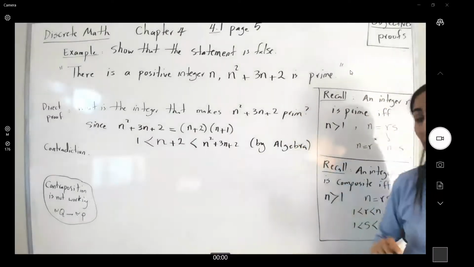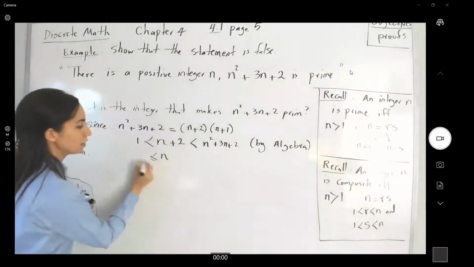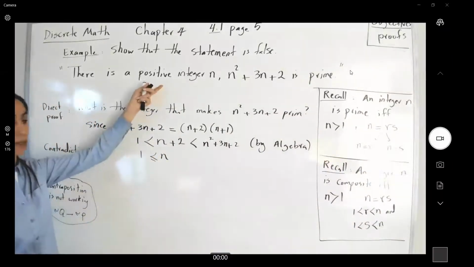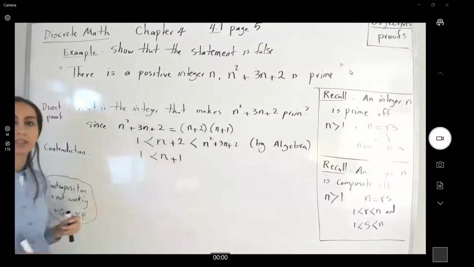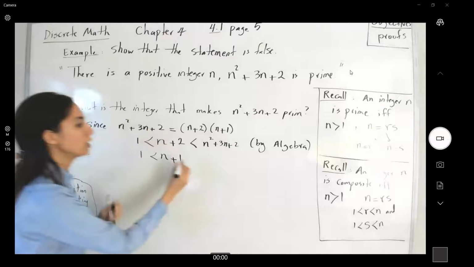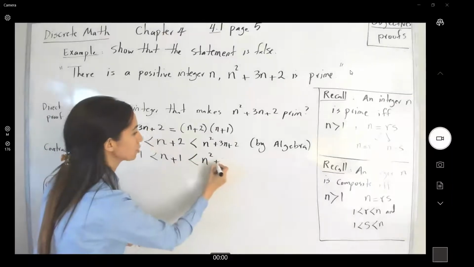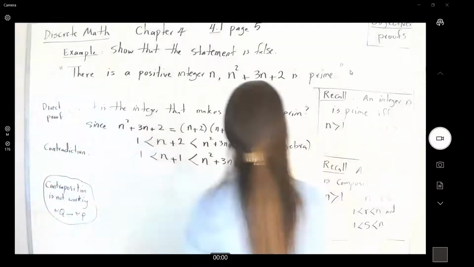Also, for the other factor, n plus 1, n is greater than or equal to 1 because it's a positive integer, and n plus 1 is definitely greater than 1. And since n plus 1 is a factor of n squared plus 3n plus 2, it is less than n squared plus 3n plus 2, again by algebra.